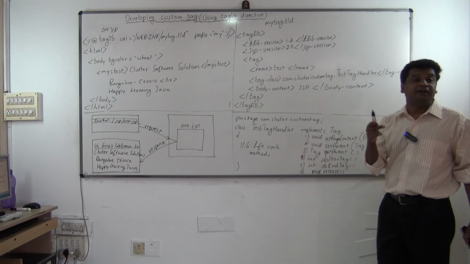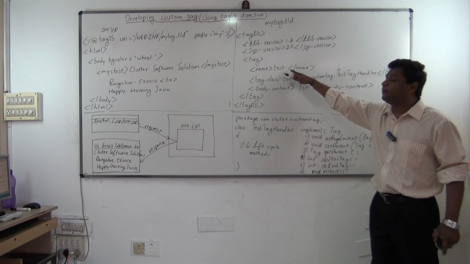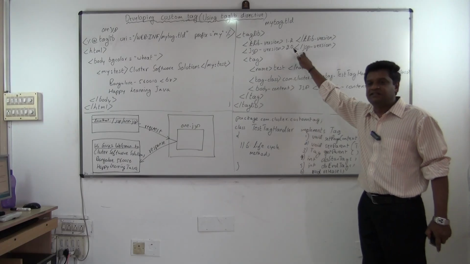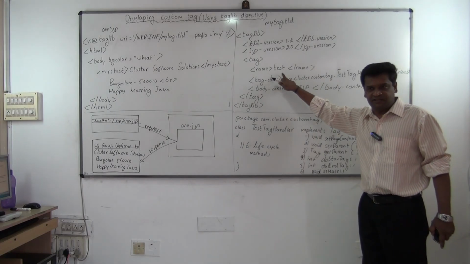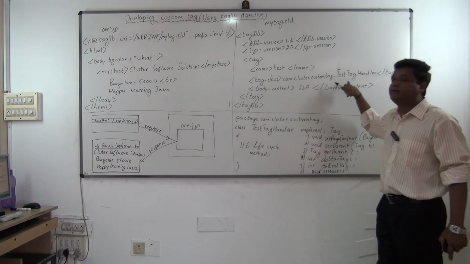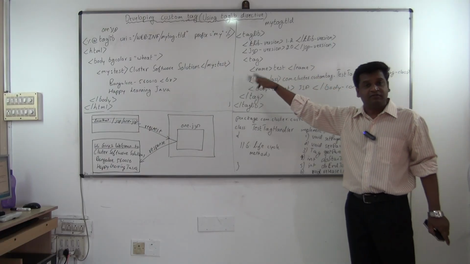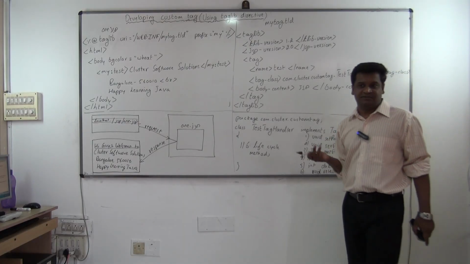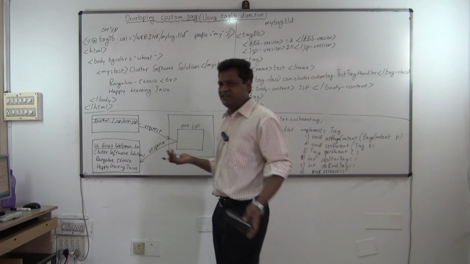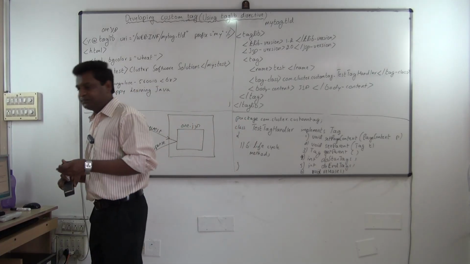Prefix is used for identifying the TLD file and suffix is used for identifying the class. Once the TLD is identified, you then have to identify the class, so the suffix will be taken. If it is test, come and execute this one. One more tag you can write, and for that it will execute another class. Like that you can go on. You can write more TLDs and more classes also. It's up to you how you write it.